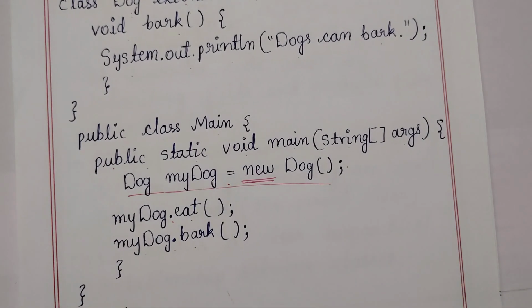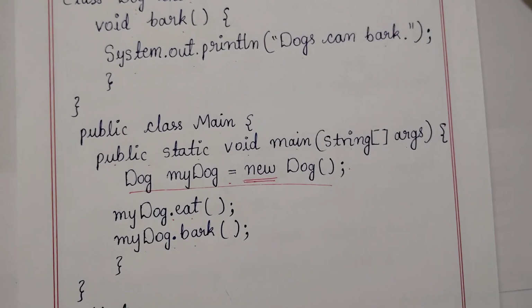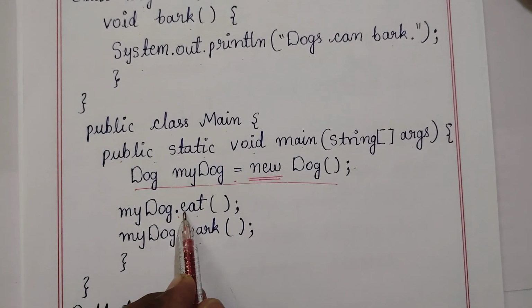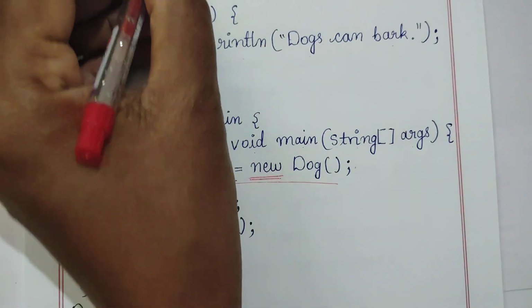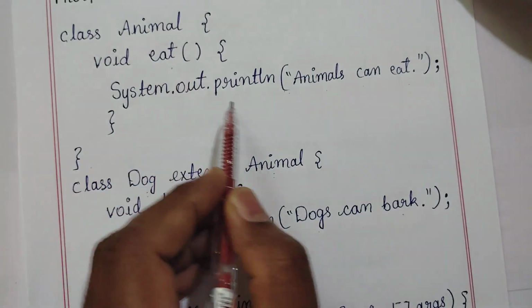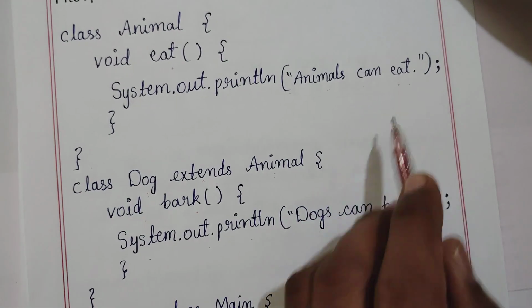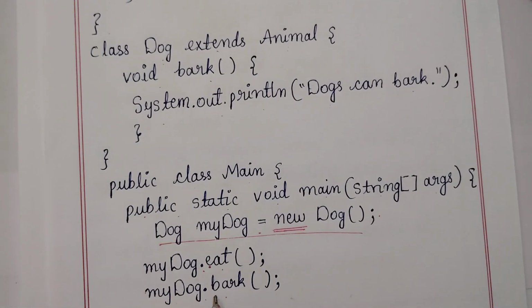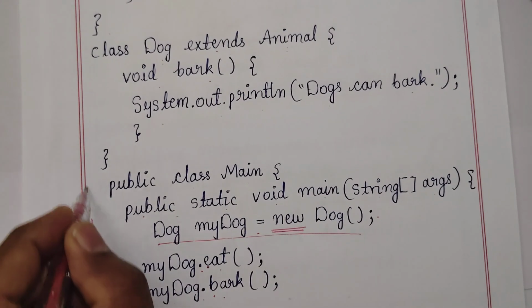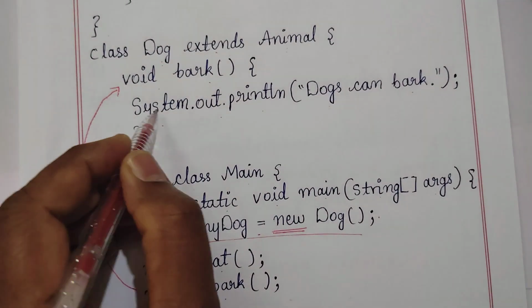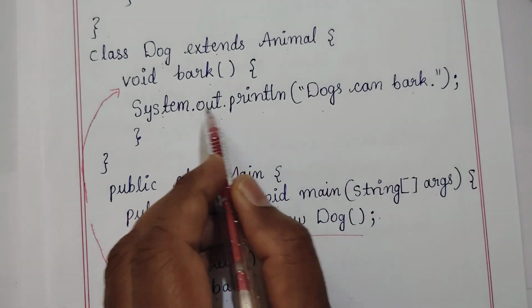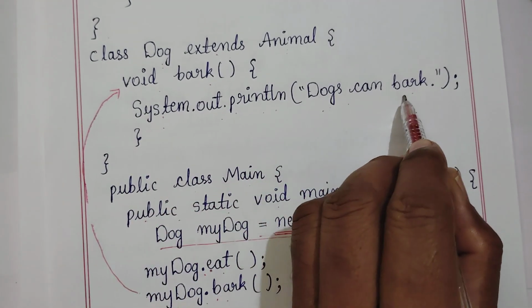Now what will become the output here? The output becomes very simple. myDog.eat goes directly to void eat, and prints "Animals can eat." Next, myDog.bark, which we call by using the object creation, goes to the bark method, and the output there is System.out.println "Dogs can bark."